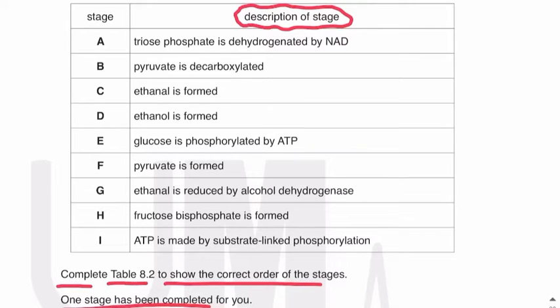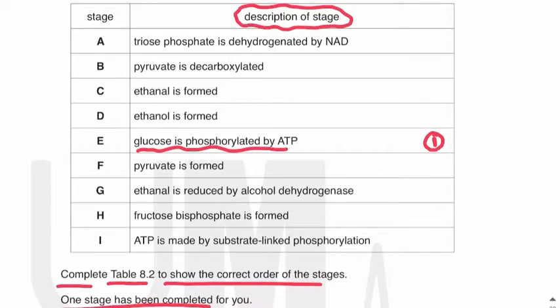So guys, glycolysis begins when the glucose is phosphorylated by ATP. We all know that glycolysis begins with glucose, and glucose is first phosphorylated by the ATP to form glucose 6 phosphate, right? So this is the first stage. Then what happens?